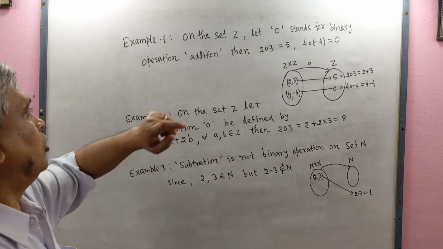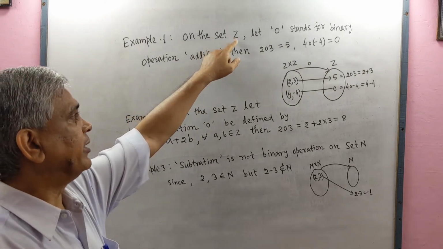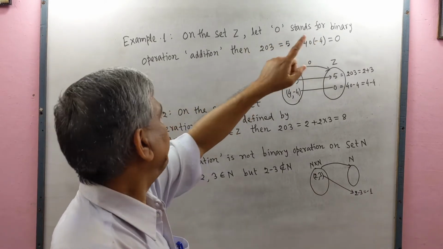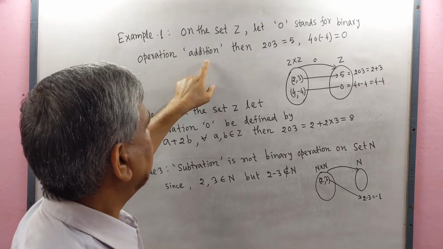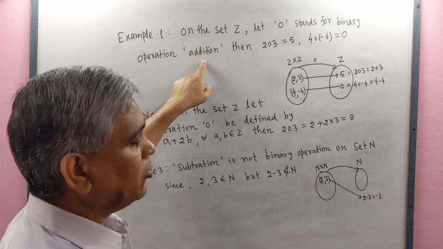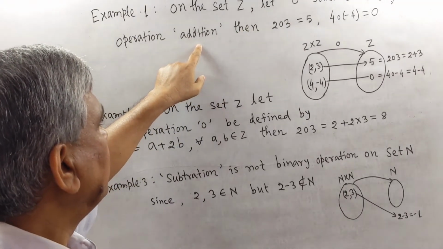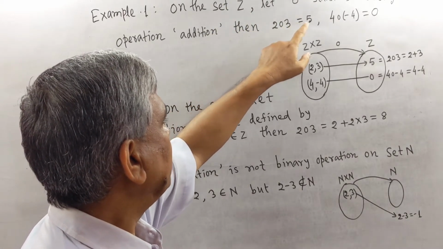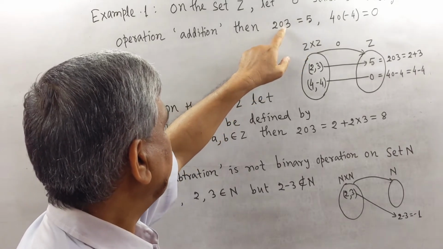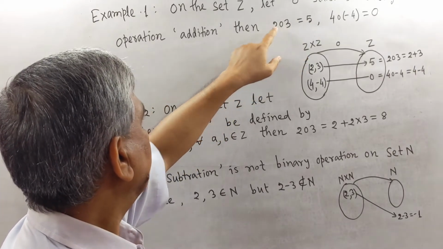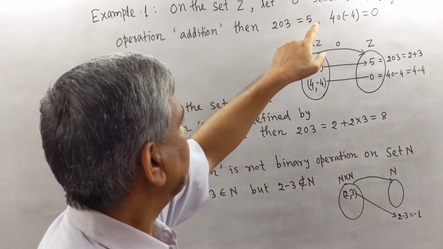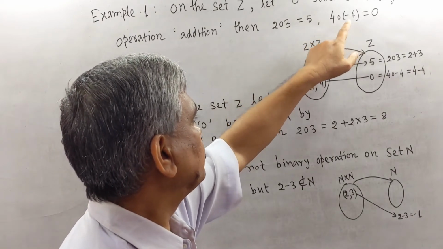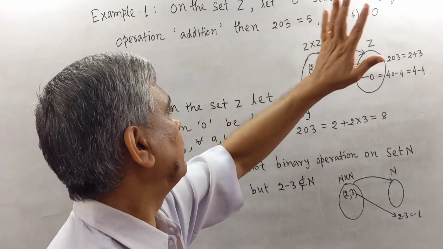Example 1. On the set Z, set of integers, let the symbol stand for binary operation, addition. This means addition. Binary operation is here addition. Then 2 binary operation 3 equal to 5, as this is for addition, so 2 plus 3 equal to 5. 4 binary operation minus 4 means 4 plus minus 4 equal to 0.